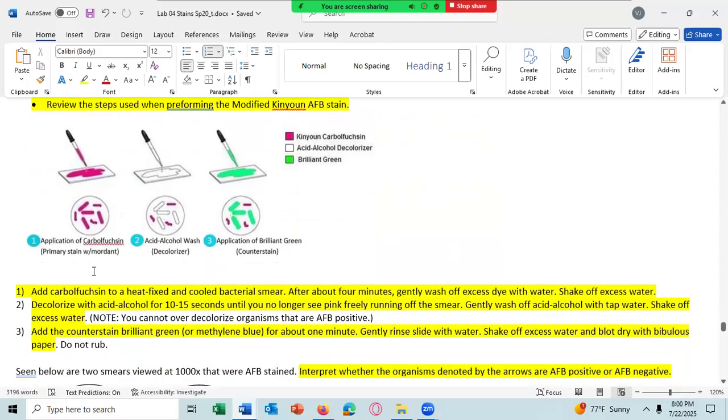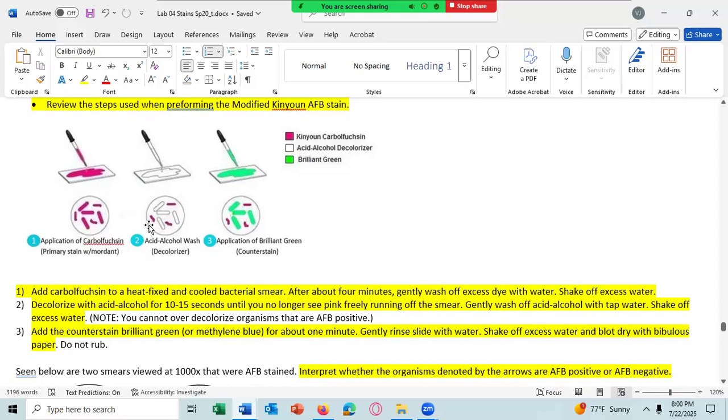First, you apply carbol fuchsin. It's the primary stain. It stains all the cells pinkish or reddish. You then apply the acid alcohol wash. That's the decolorizer. It will remove the carbol fuchsin from the acid-fast negative cells.